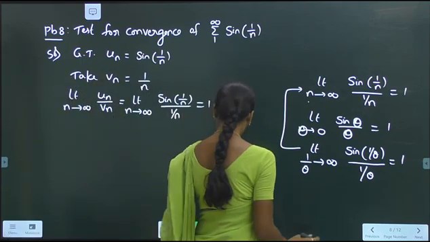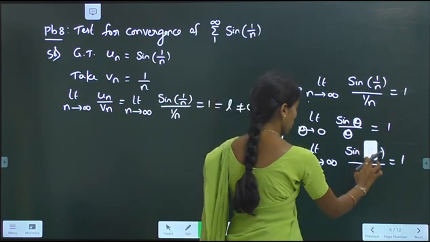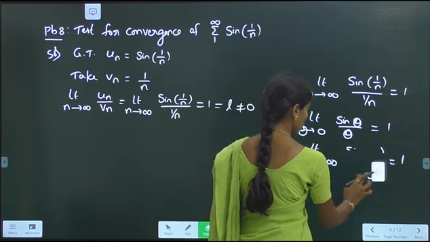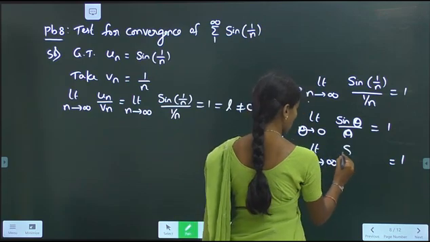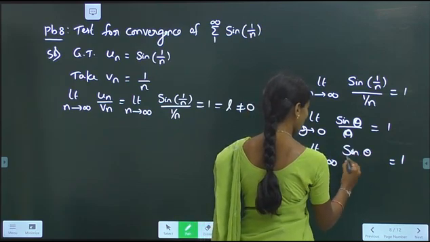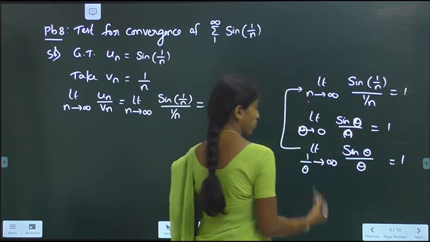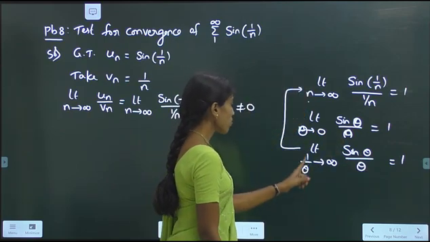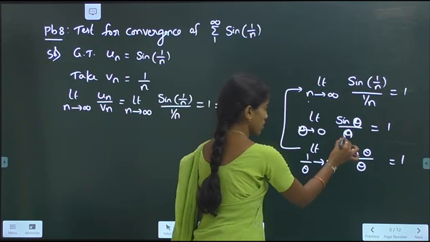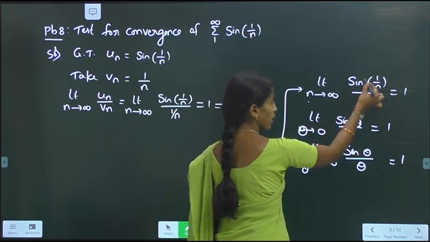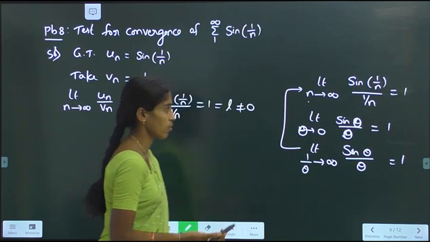It is just sine theta by theta. Right? As 1 by theta tends to infinity, theta tends to 0. That's it. Here as n tends to infinity, 1 by n tends to 0.